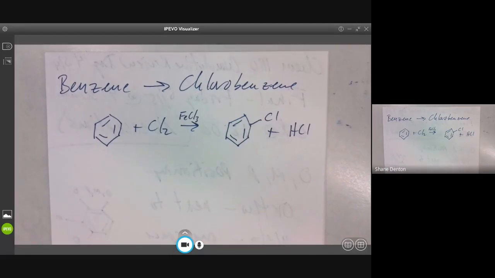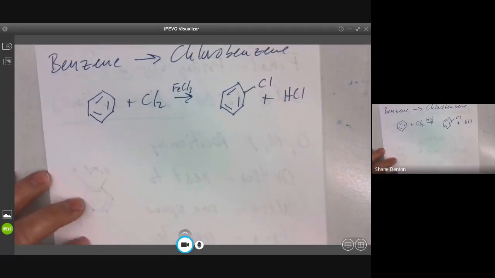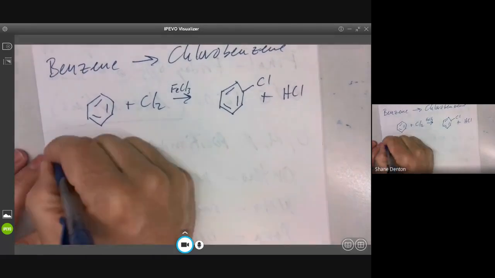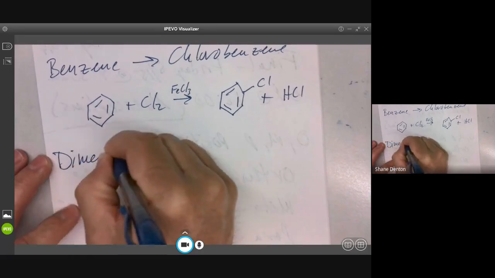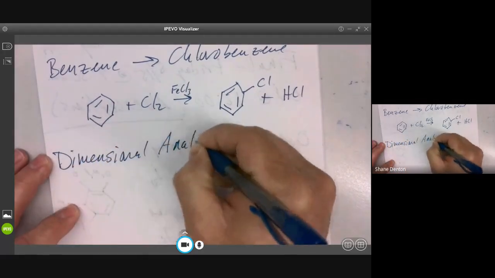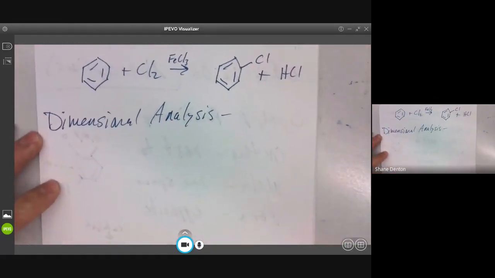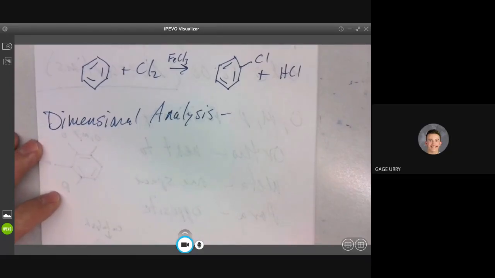Okay. All righty. Some easy stuff that I do think they bring up is there is some dimensional analysis. Anybody remember what dimensional analysis was? Like setting up your equation to get rid of the units that you don't want.